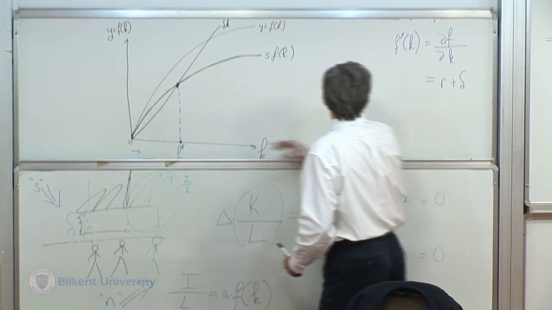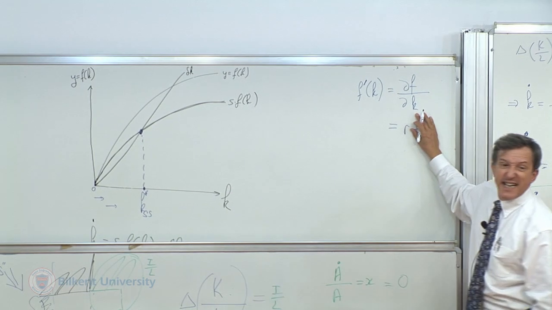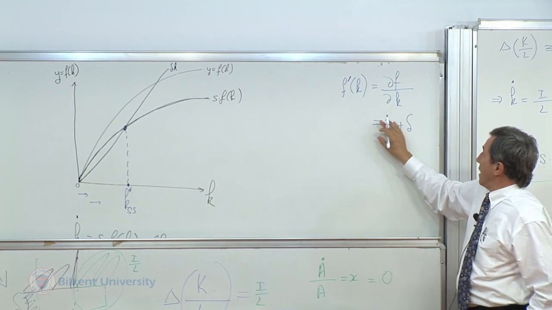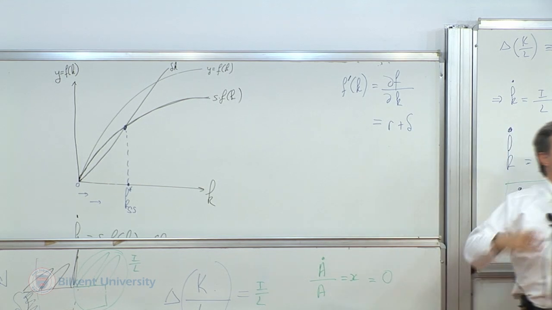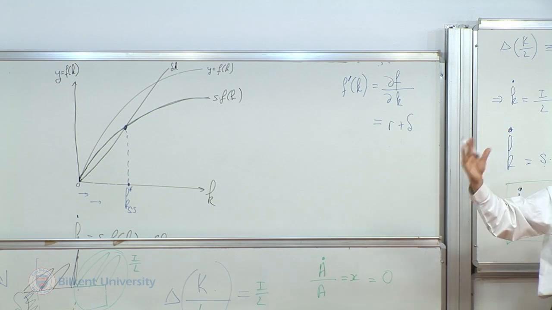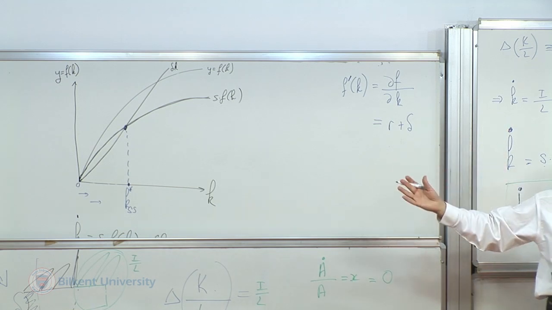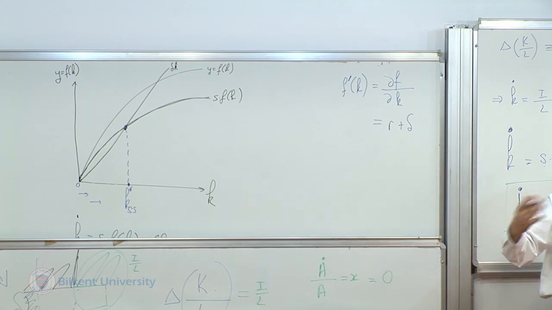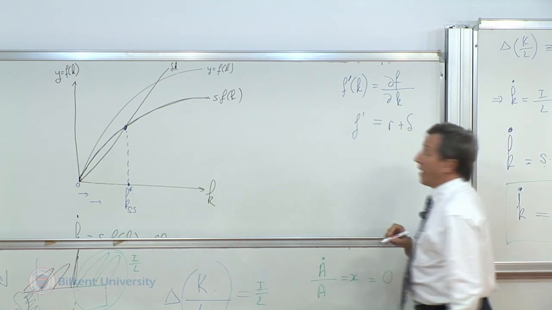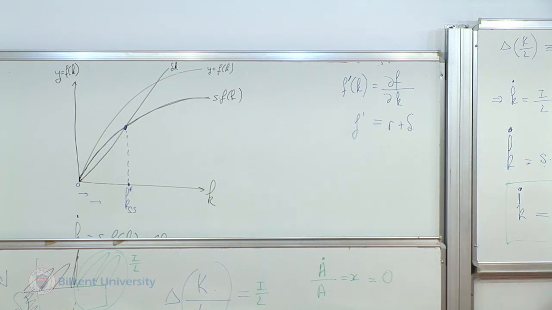So r is the net profit rate that is being pocketed. r plus delta is the gross profit rate, total returns to all capital. A portion of it disappears, but you have to pay for it. It's like gross domestic product versus net domestic product. So f prime is r plus delta. That's how capitalists work.